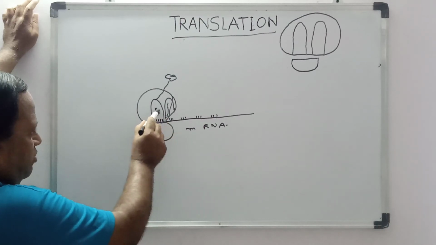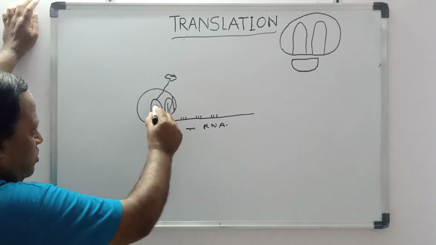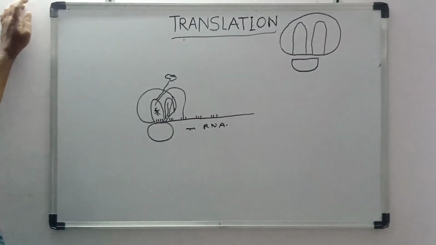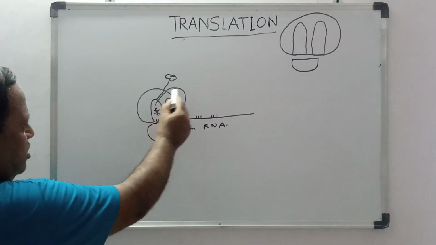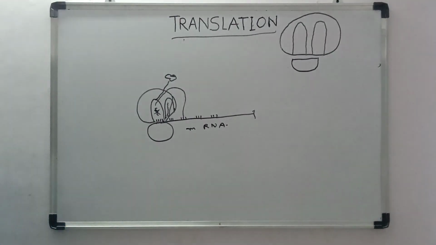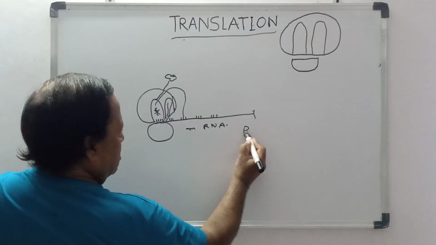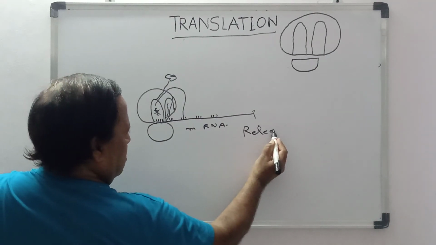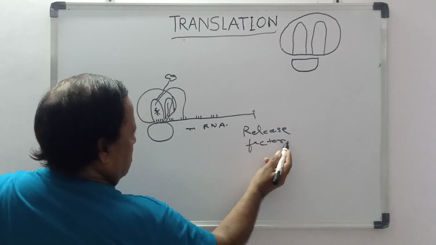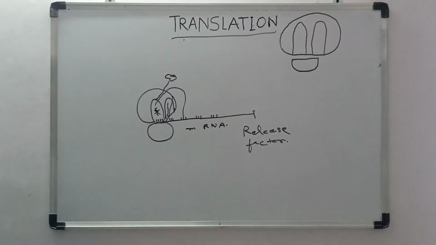Now this RNA will be useless, so it will jump to another codon. So there is nothing but shifting of places till the termination point is reached, and here the release factor acts, and the polypeptide chain is released.